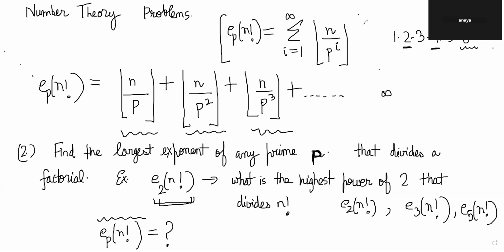And that automatically gives you the highest power of p that will divide n factorial.